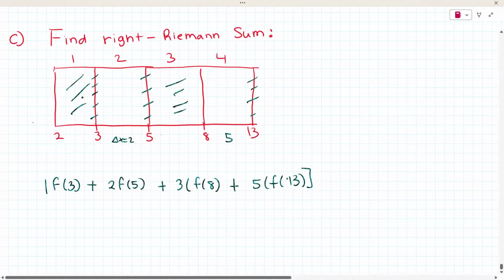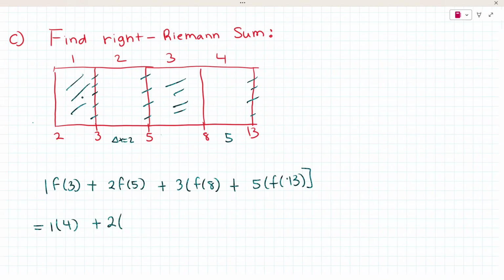Okay, put it all together. This is 1 times f of 3, which is 4, plus 2 times f of 5. I'm just looking at the table. f of 5 is -2, plus 3 times f of 8, which is 3, plus 5 times f of 13, which is 6.